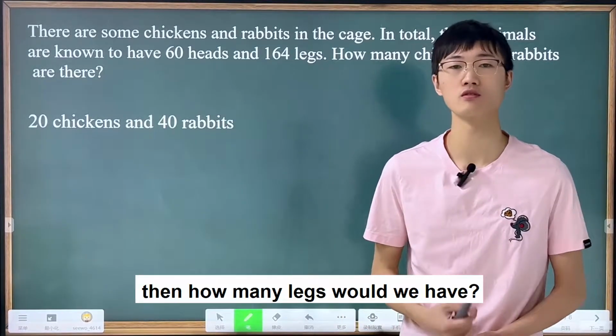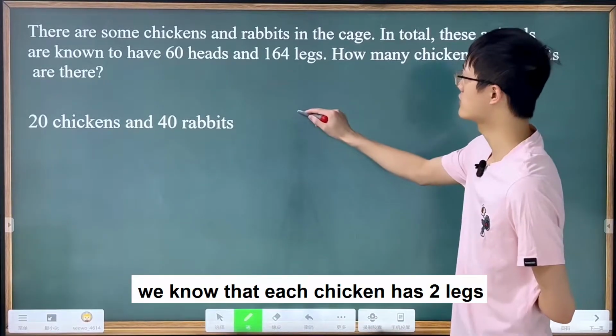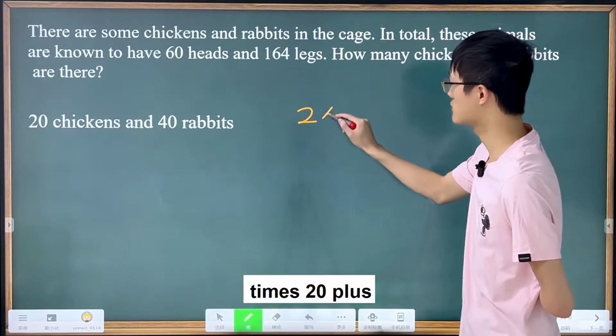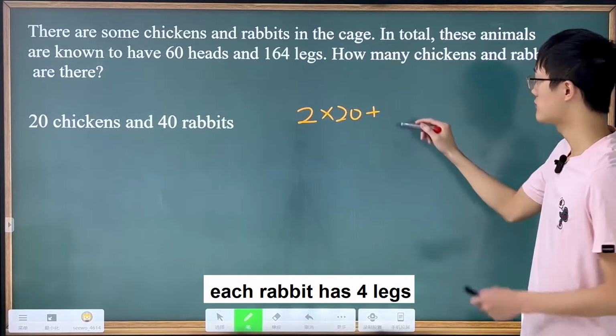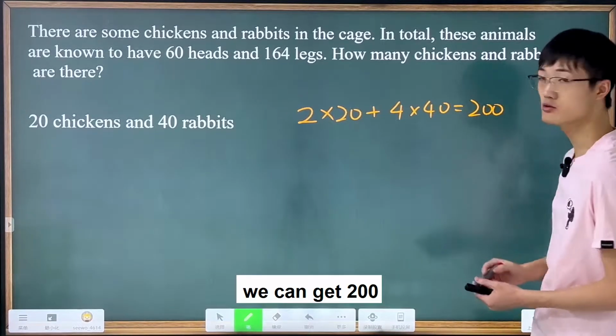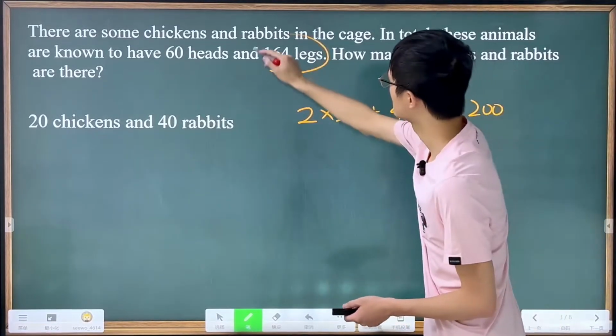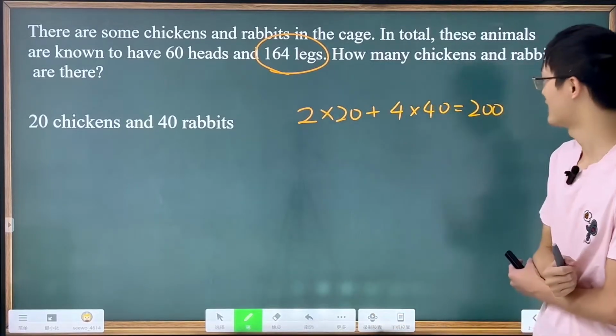Then how many legs would we have? Each chicken has 2 legs, 2 times 20, plus each rabbit has 4 legs, 4 times 40. We can get 200. Unfortunately, this is not the right answer.